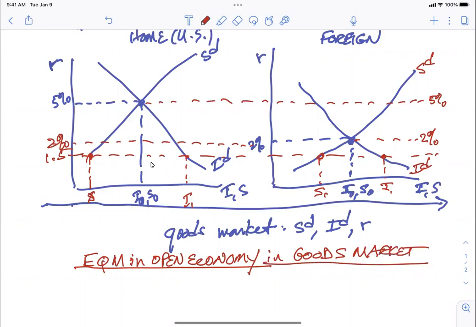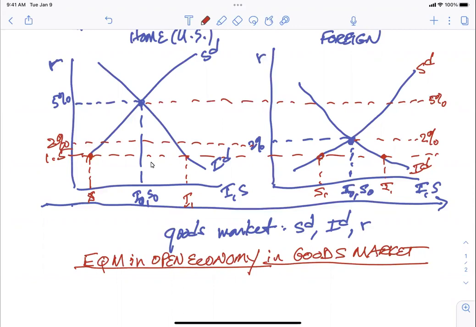So if this was a closed economy and we just had the US, just the graph on the left, where does equilibrium happen? Where they cross. And what does that mean, where they cross? Is it profit maximization?